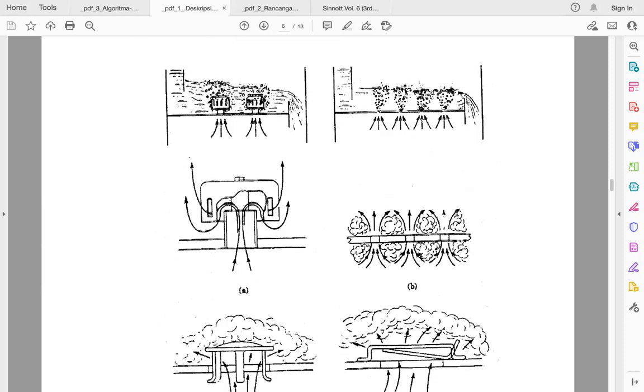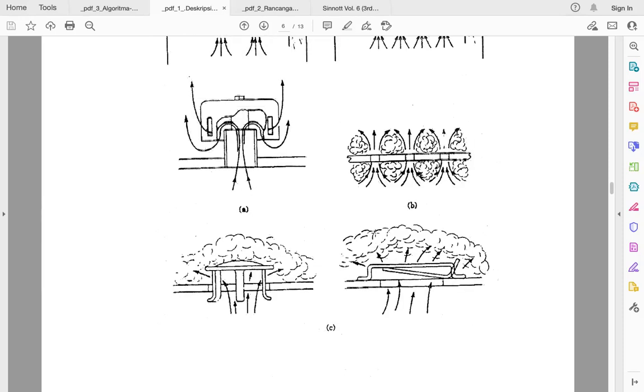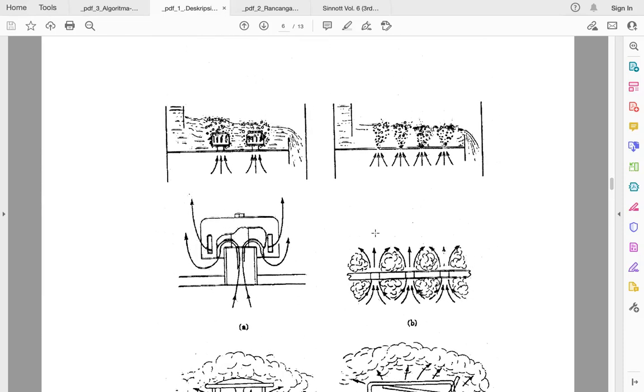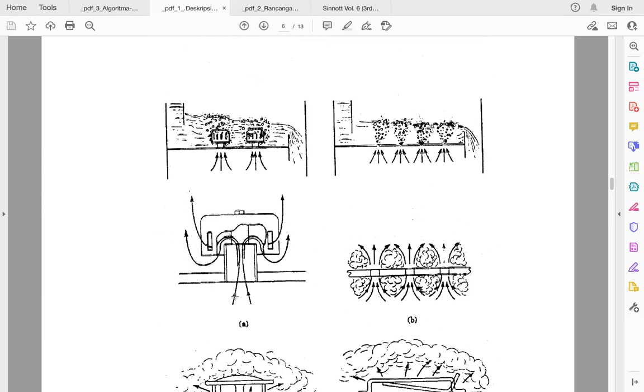Okay, the second one is also a flow pattern of the bubble cap, from here and then to there. Sometimes there is also a complication in a sieve tray or perforated tray: if you have too much gas, too much vapor, then it will just go straight.